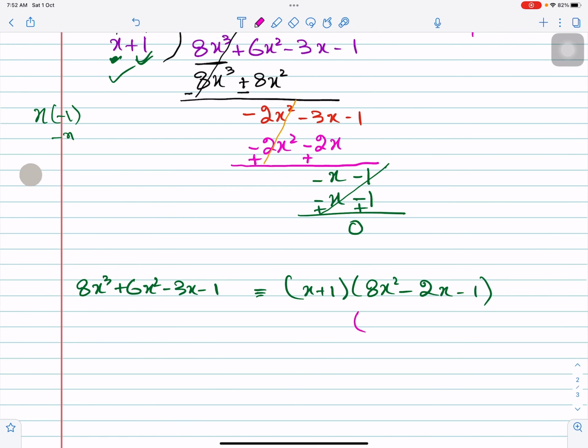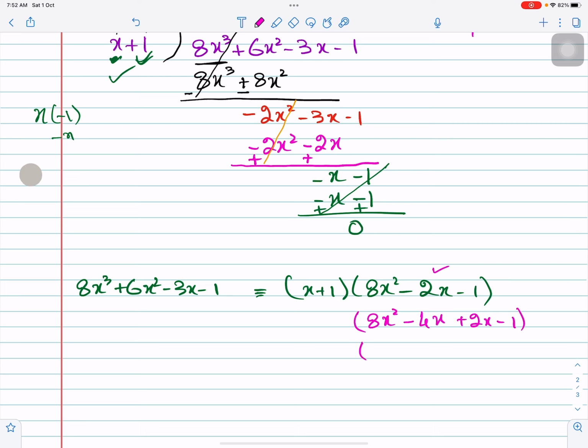This one is okay, x plus 1. So if you remember the middle term breakup factorization method, I will do that. I want here minus 8, so minus 4 and 2, since 4 twos are 8. So 4x plus 2x.